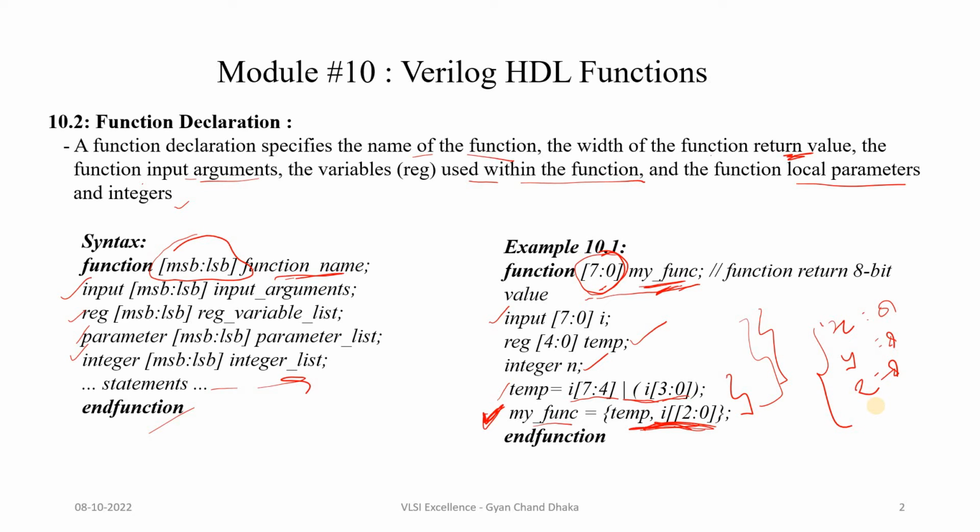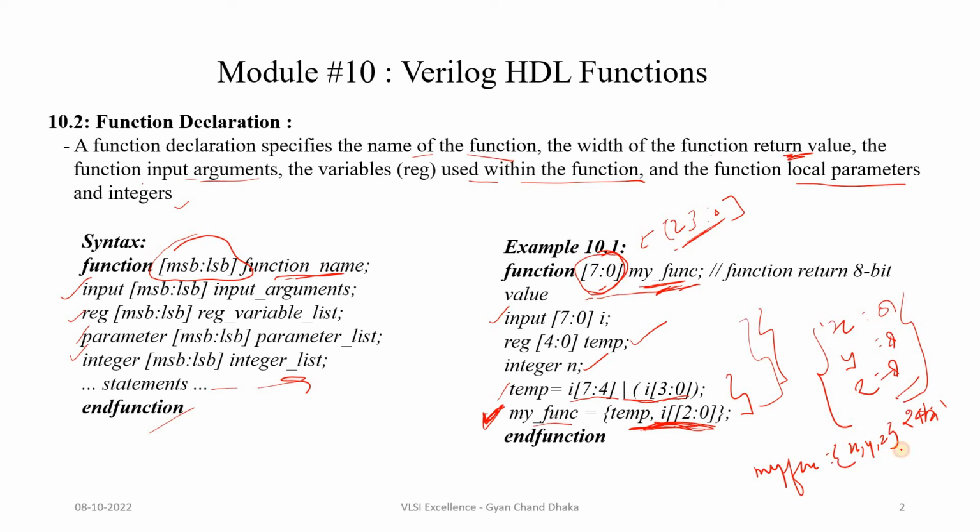How can we return these three values? One way is using the concatenation operator. We can concatenate all these values into a 24-bit value. So we can declare a function with 24-bit width, that is 23 down to 0, and then myfunc will get all these variable values.